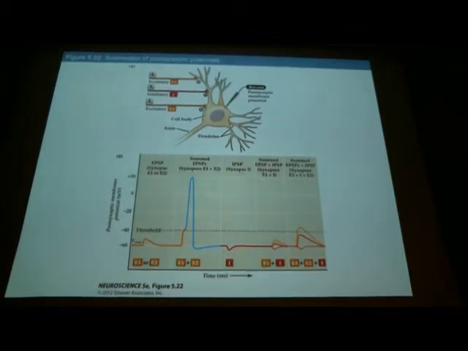And that's why a lot of times we'll talk about a balance between excitatory and inhibitory, because that really determines whether these inputs have a net excitatory effect or a net inhibitory effect. If you have more excitatory and less inhibitory, you can still get activation. If you have lots of inhibitory and not enough excitatory, you won't get activation. This is a very simple lesson.